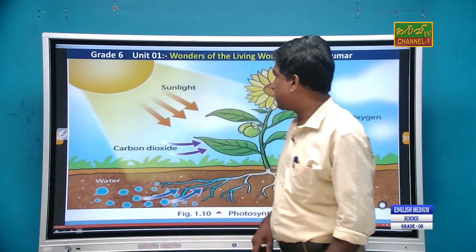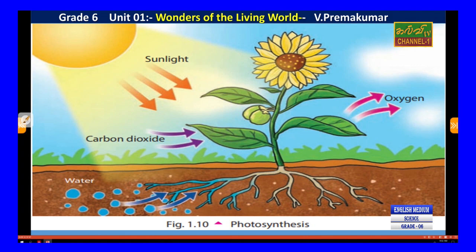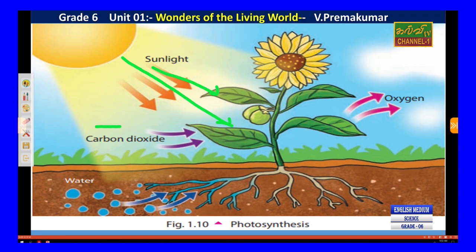The other one is here. See this diagram. This is available in your textbook. Sunlight, solar power, sun rays fall on the leaves, and carbon dioxide gas is absorbed by the plant.